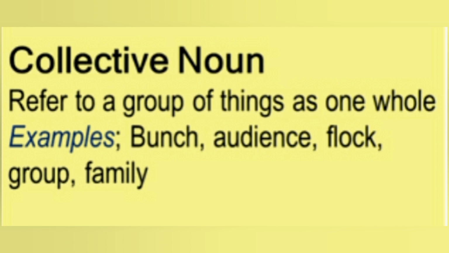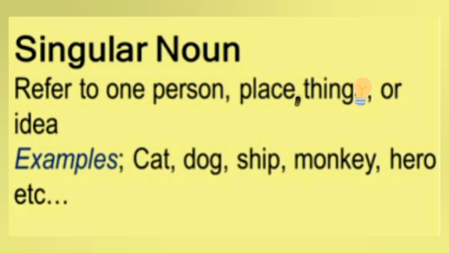So when you look at words such as bunch, audience, flock, group, family, we are seeing things, people, or animals that come together to make one whole. For example, a bunch of bananas, the audience in the concert, a flock of geese, a group of friends, a family of girls.